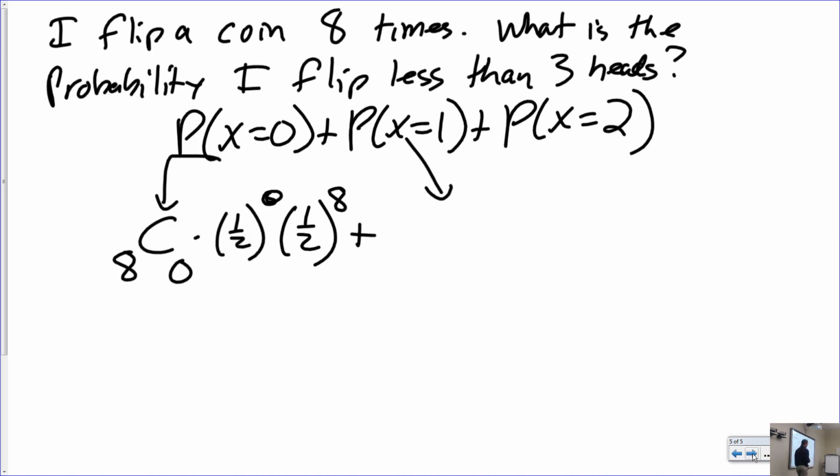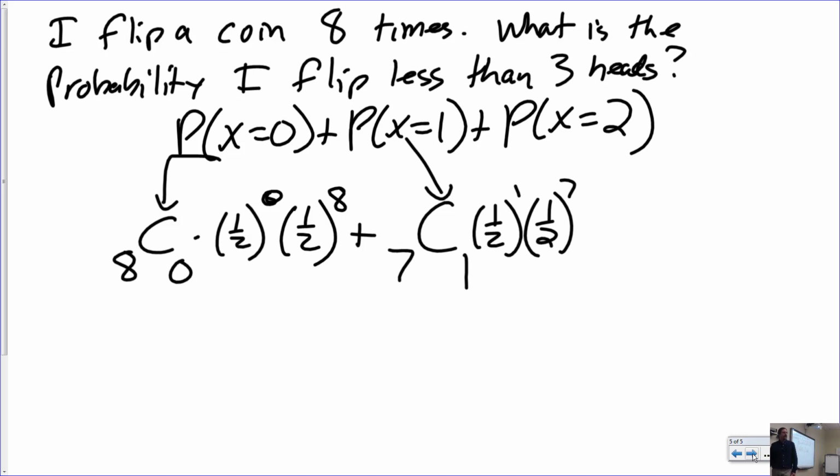Now let's do the next one. How does this problem change? Take your zeros and make them ones, and then just be careful with the 8, right? Combination of 8 things taken one at a time, times 1/2 to the first power, times 1/2 to the 7th power, right?